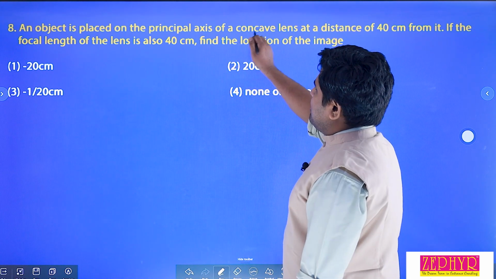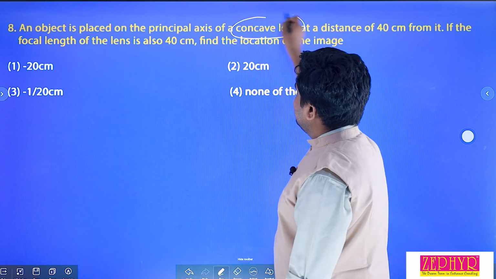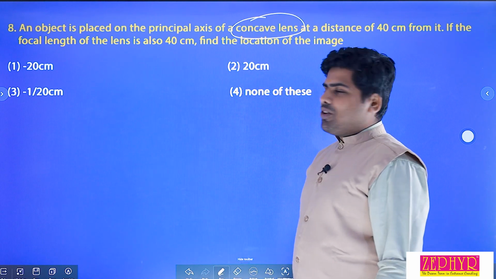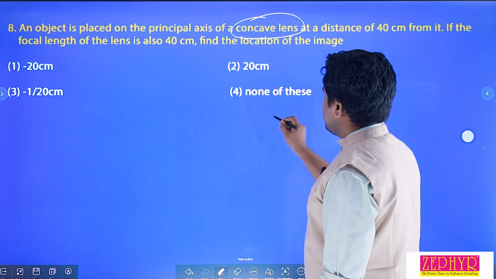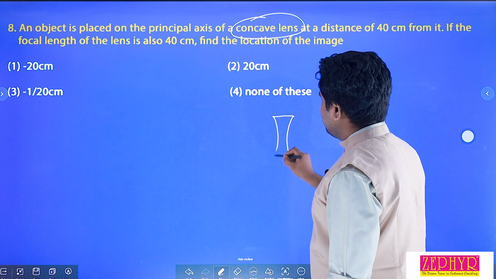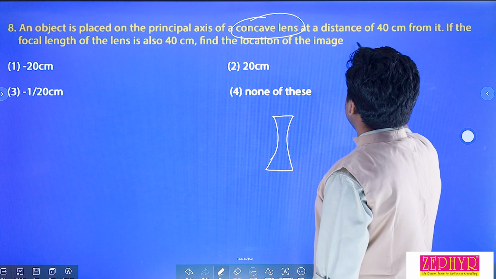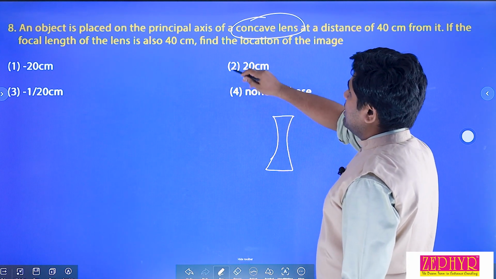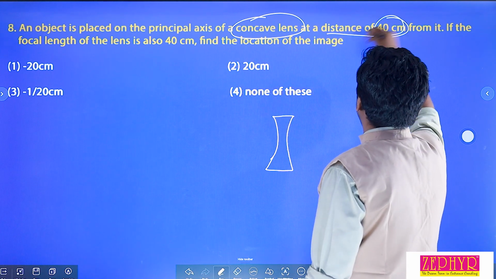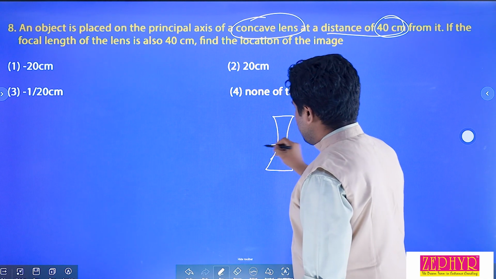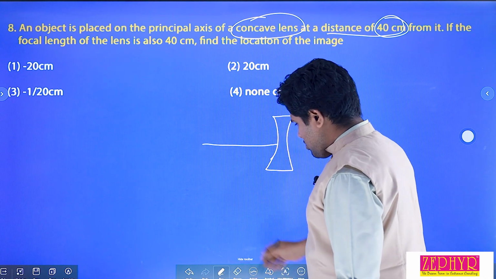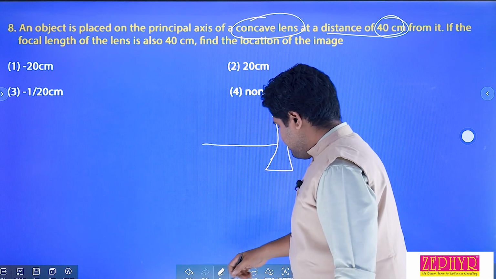See here, we are using the concave lens. Okay. So you just consider this one is the concave lens. And where is the position of the object? See, at a distance of 40 centimeter. Yes. So you just consider. So I redraw the figure.